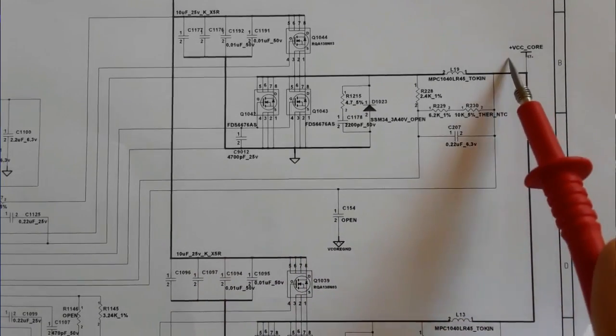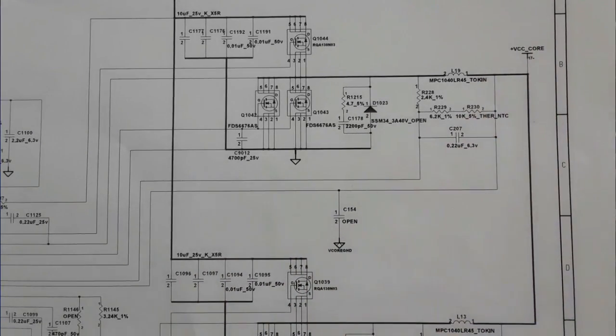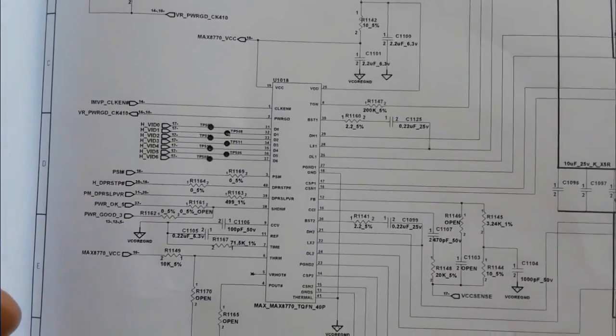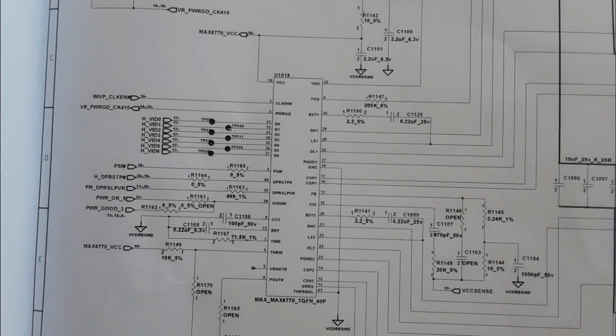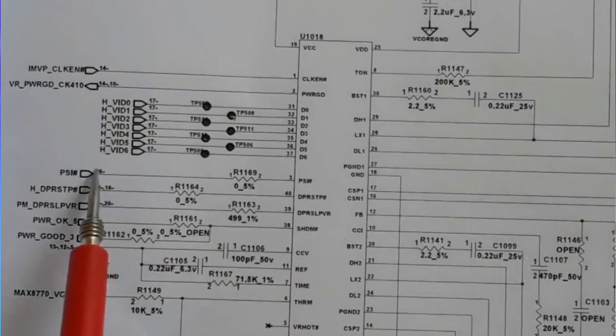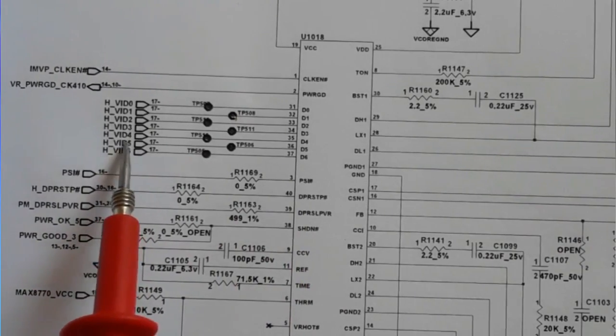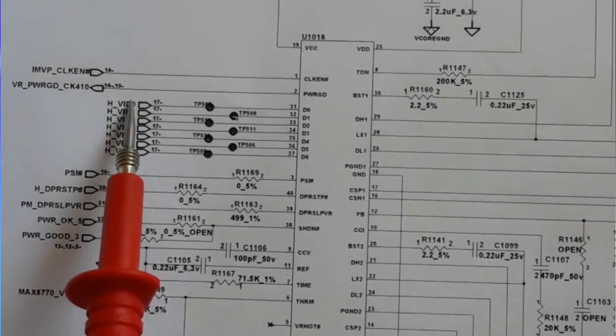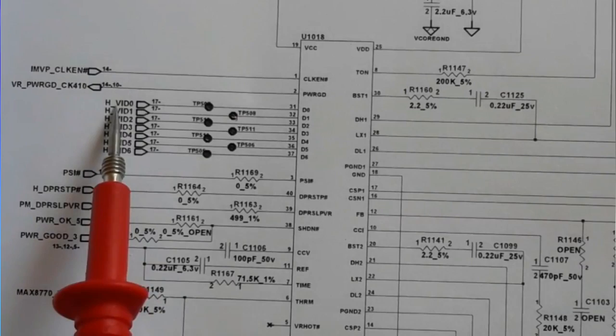Okay, as you can see, plus VCC core, the main power for the processor. The VCC core equals about 0.8 volt to 1.2 or 1.3 volts. As you can see here, for the power management IC to generate the VCC core, it should receive some voltage ID.